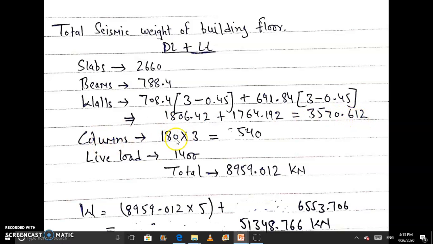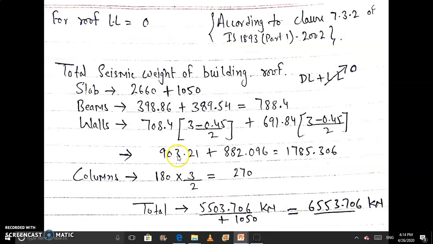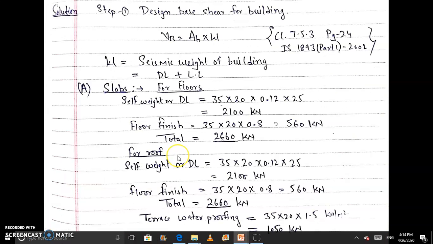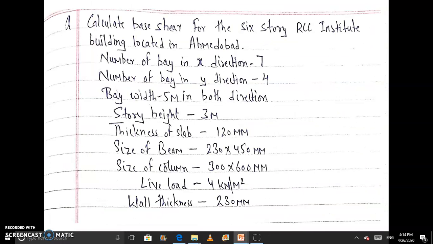For the column we get 180 into 3, because for floors we count the story height as 3. And for floors we have to find the live load as 1400. Here we take 1400 as the live load, because for finding the live load we are given 4 kilonewton per meter square.